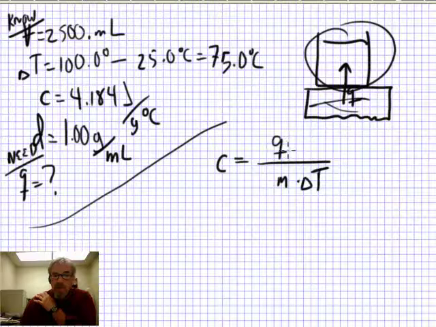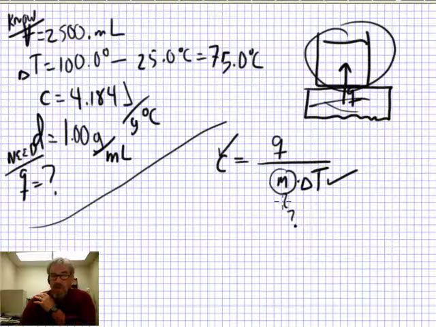I know C. I'm given that in the problem. I know delta T. I figured that out already. Here's what I don't know. I don't know mass. So in this case, I'm going to have to ask that second question. Can I use two equations to get this answer? Do I have an equation that links mass with anything that I know? And in fact, I do.